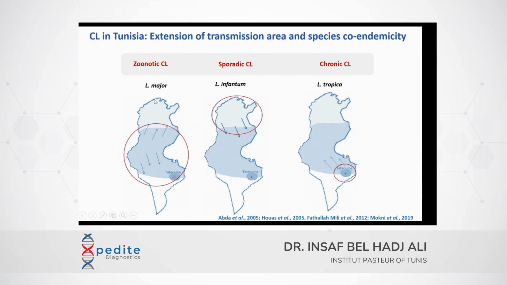Infections due to Leishmania major were predominant in the central part of the country, Leishmania infantum in the north, and Leishmania tropica in the south. However, in the last years, we saw a very clear shift, with Leishmania major moving to the north and south, and Leishmania infantum and Leishmania tropica moving to the center of the country. As a result, we can see the 3 main Leishmania species co-circulating in the same endemic area.